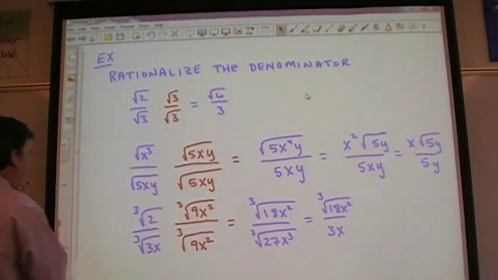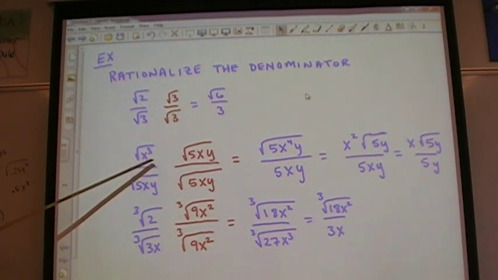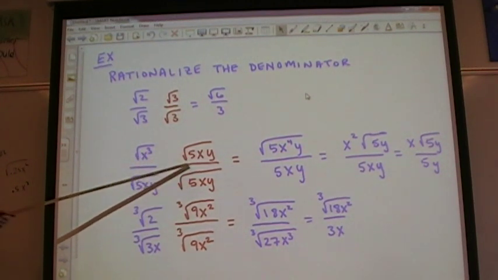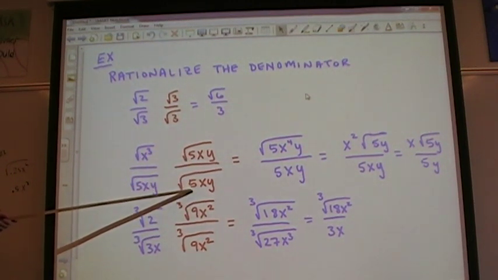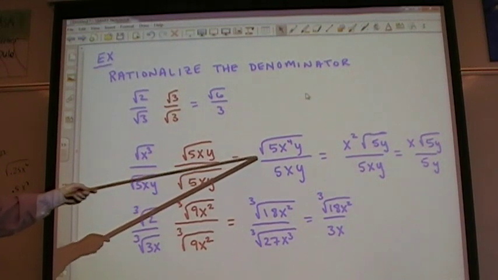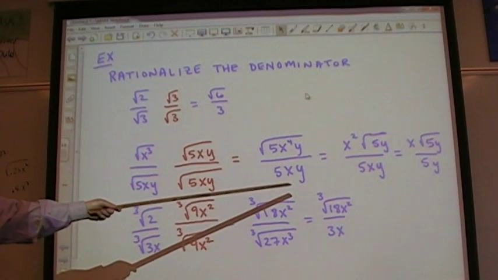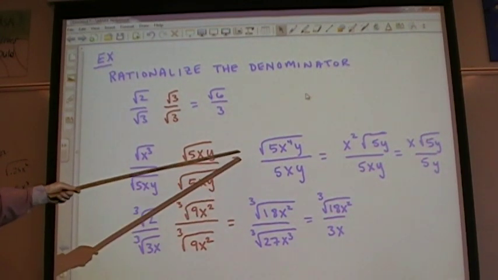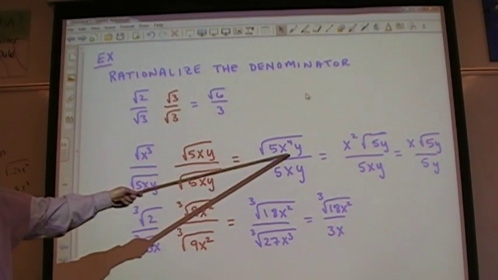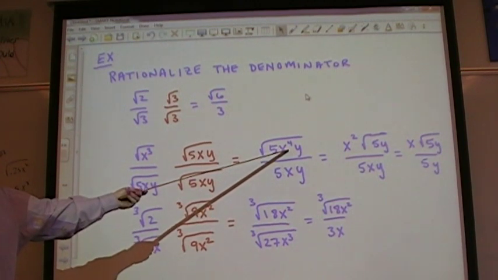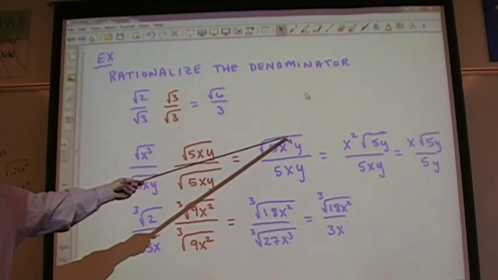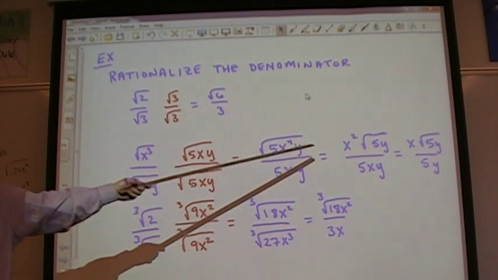Same thing down here. Multiply the top and bottom by the square root of 5xy. So on top I get square root 5x to the 4th y. On bottom I get 5xy. I'm going to break up. This is a perfect square right here. Agree? X to the 4th is a perfect square, because you divide 4 by 2 to get x squared.